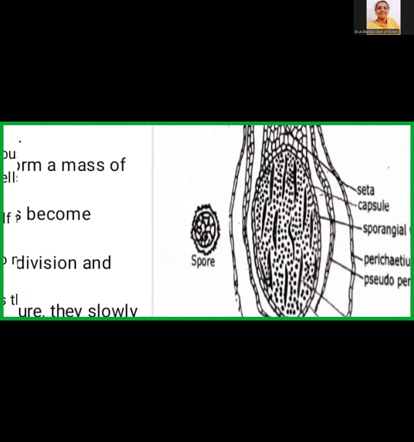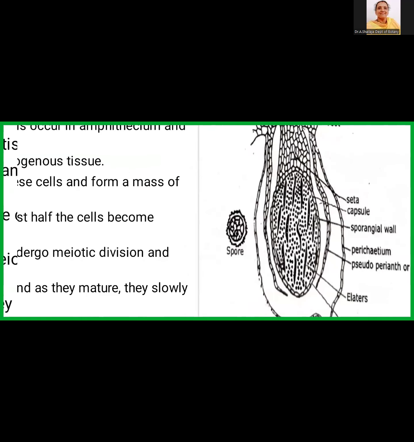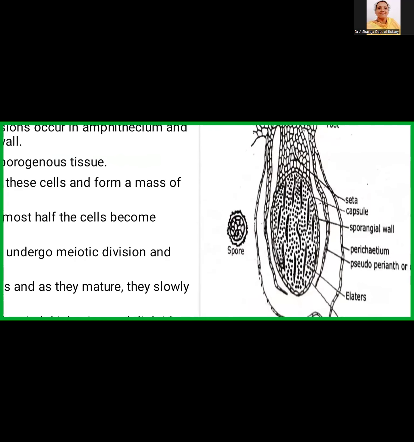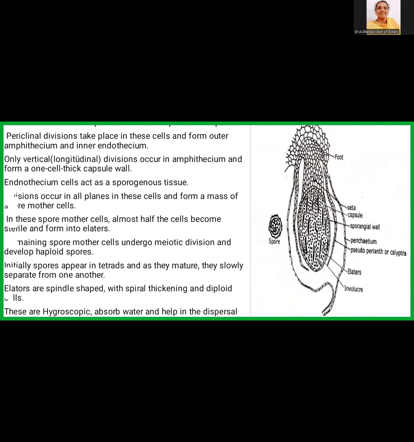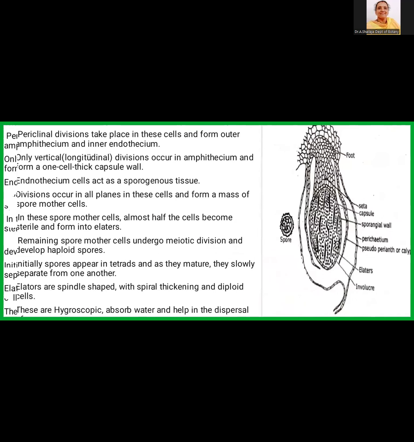In the capsule of Marchantia, elaters are present. Some of the cells form the elaters. Endothecium cells act as sporogenous tissue. Divisions occur in all planes in these cells and form a mass of spore mother cells.